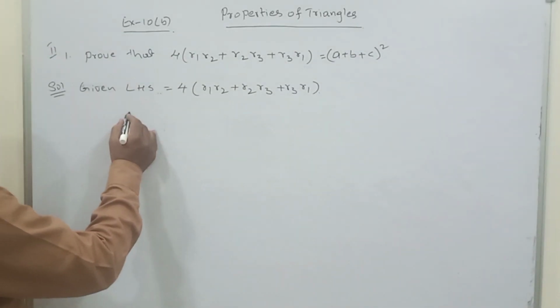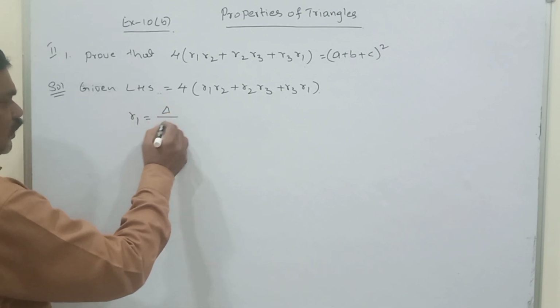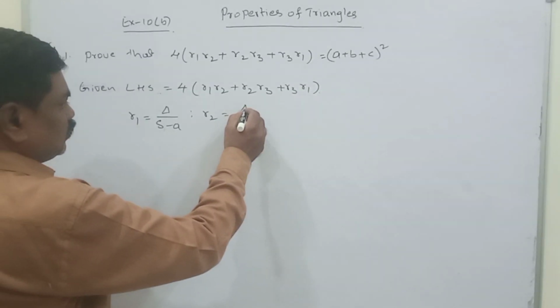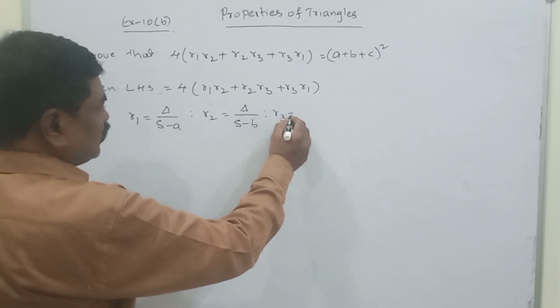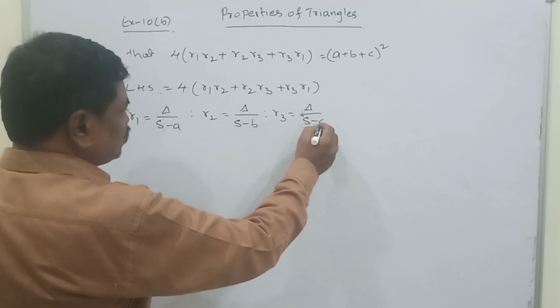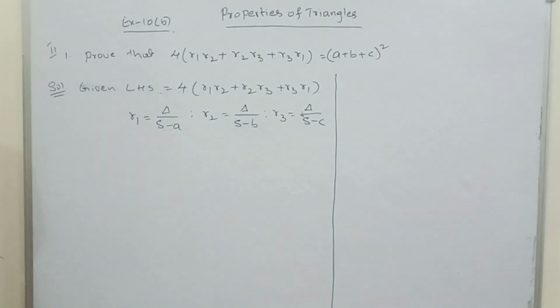So what is R1 here? R1 is equal to delta by (s minus a), R2 is equal to delta by (s minus b), and R3 is equal to delta by (s minus c). So these are the formulas we have to use here.